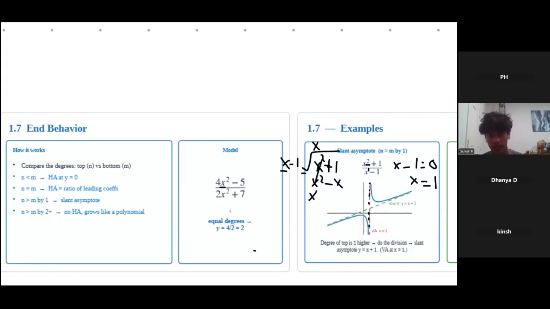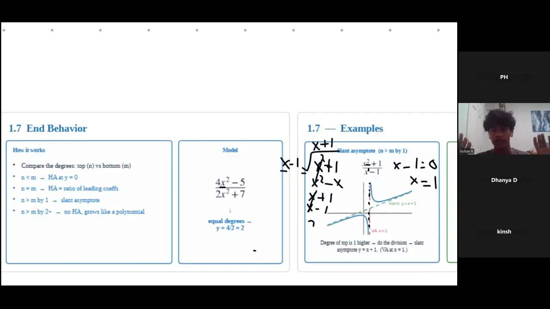Now we have to cancel this x out. How do we cancel x out? We just multiply by 1, so we add a 1 here. 1 times x minus 1 equals x minus 1. Then this will cancel out as you subtract, and 1 minus negative 1 is 2. You might be wondering what we do with this 2.